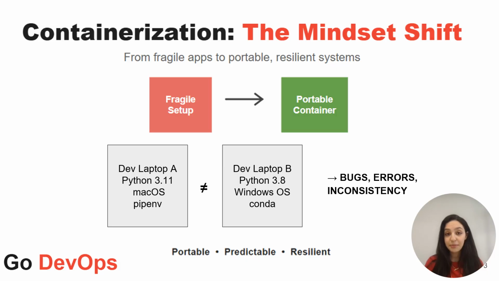So here is the problem. Traditional software delivery relies on assumptions that the environment on your machine is the same as someone else's, but in reality it never is. So your laptop, for example, might be running on macOS with a version of Python 3.11, and your teammate is on Windows OS with Python 3.8.